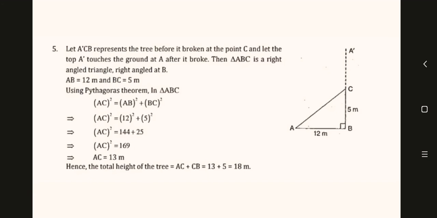So AC square is equal to 12 square plus 5 square, which is 169. We find the square root of 169, so AC is 13 meters. The total height of the tree will be AC plus CB, so the total height of the tree is 18 meters.